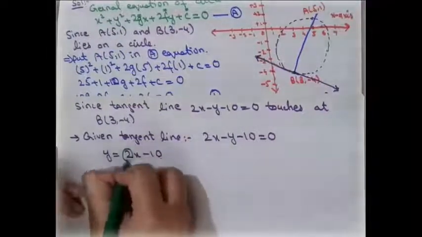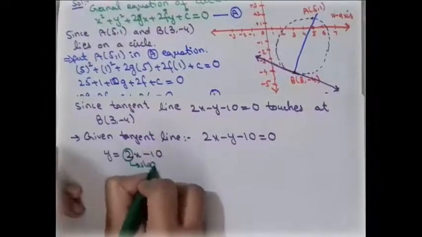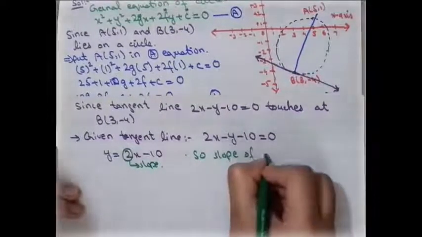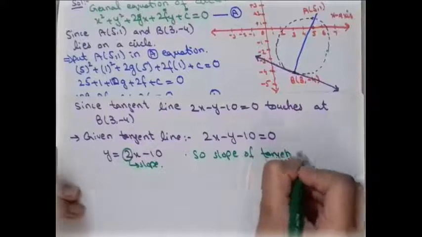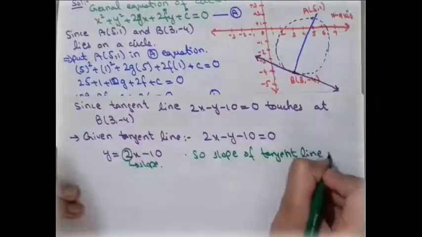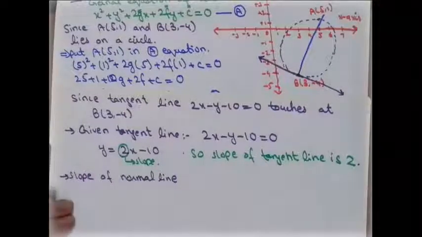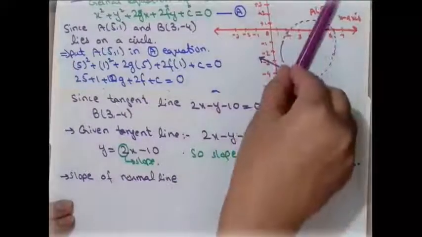So here is the slope. The slope of the tangent line is 2. Now we have to find the slope of the normal line, meaning this perpendicular line.